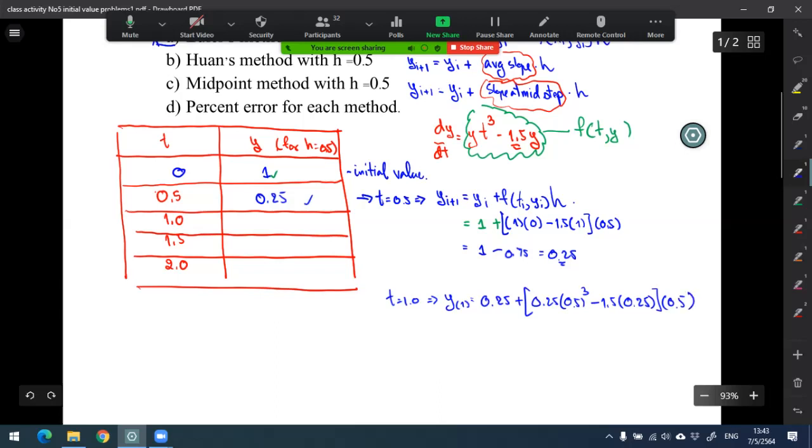Do you understand? After that, we get the value of 0.078125.